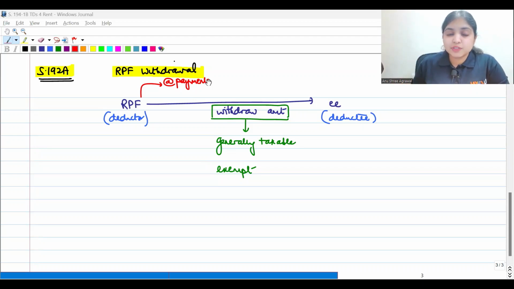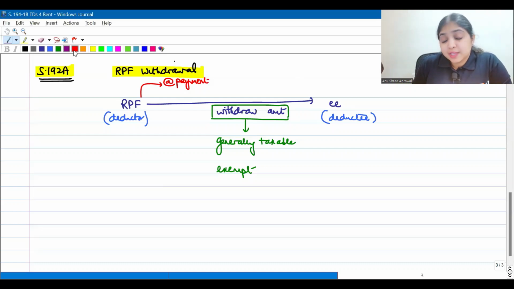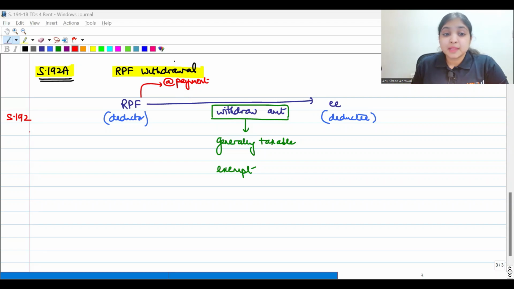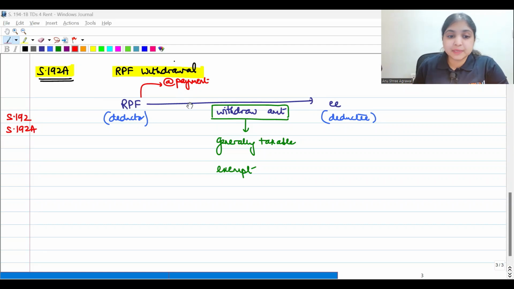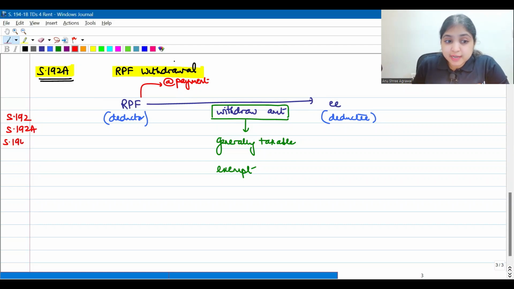Where and all have you seen at the time of payment? See, what are the other sections that we have seen where we deduct tax at the time of payment? Number one, we have section 192, TDS on salary. Even here we deduct tax at the time of payment. Then we have section 192A now, RPF withdrawal, we are deducting tax at the time of payment. Then we have section 194B, your casual winnings, lottery winnings and all. 194BB, horse race winnings.